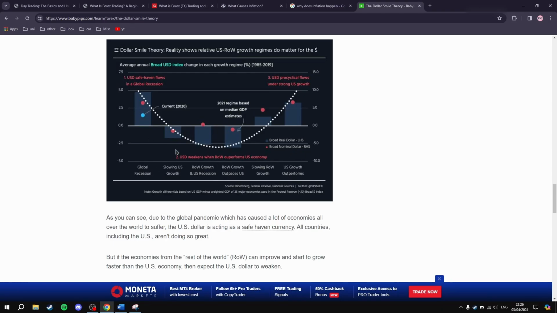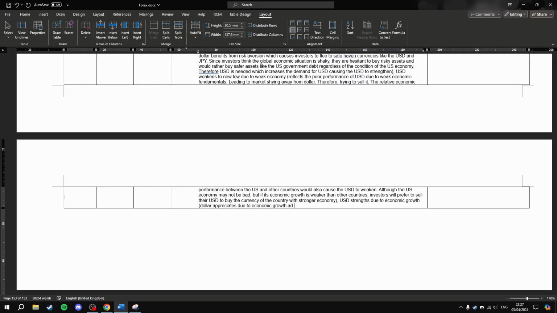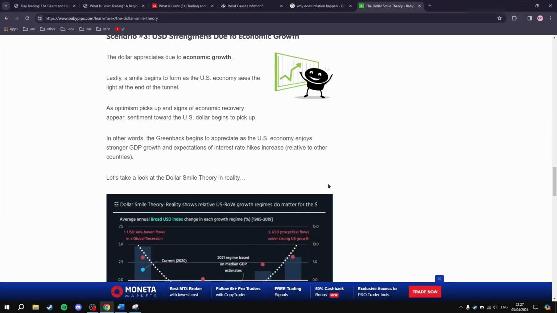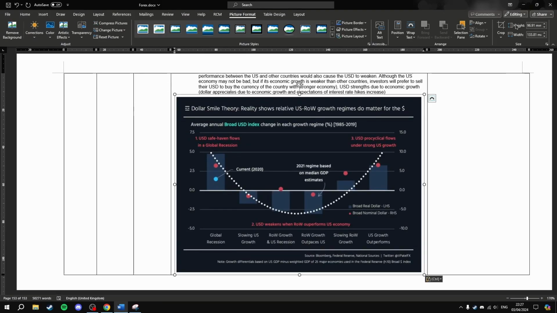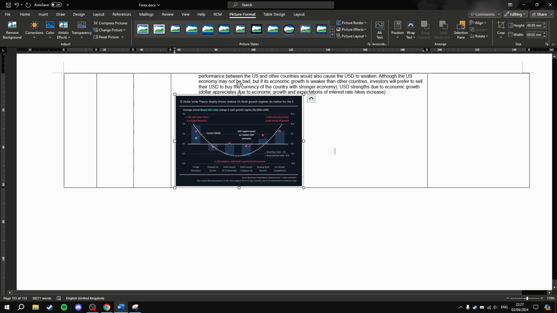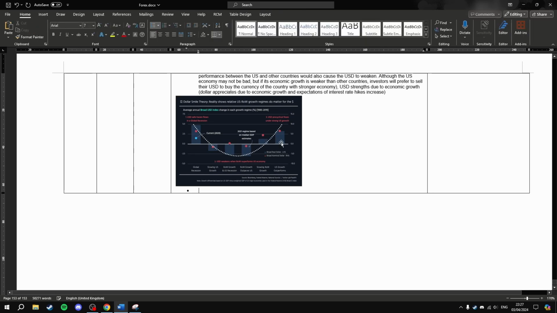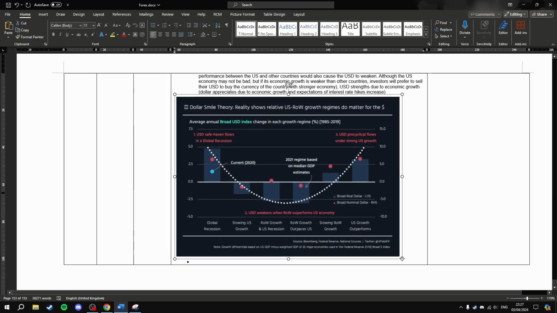Global recession, slowing US growth, ROW growth and US recession, ROW growth outpaces US, slowing ROW growth, US growth outperforms, and expectations of interest rate hikes increase. You cannot see what that says, so let's just do that.